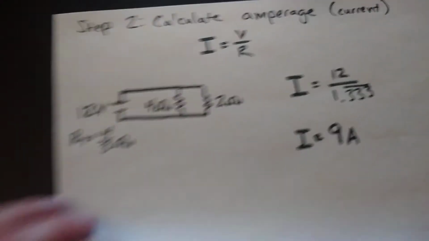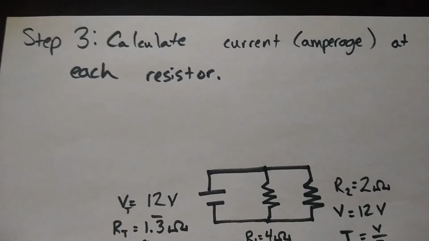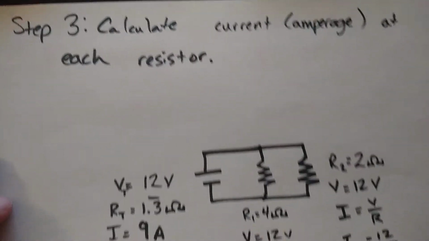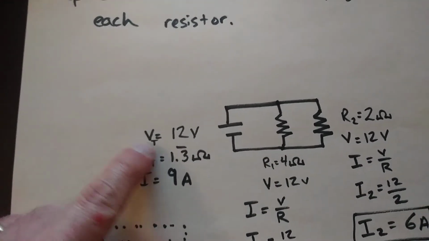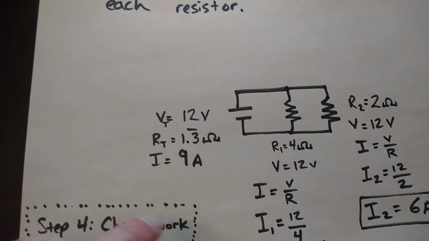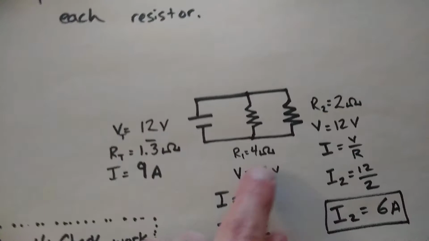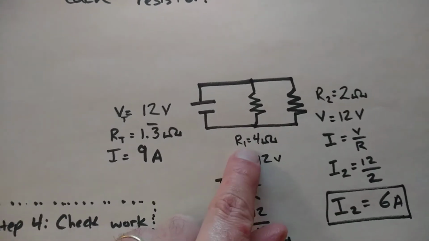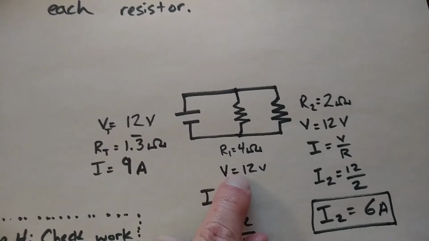Once I know that, I can do the last 2 steps. Step 3, calculate the current, or amperage, at each resistor. So I know for this whole circuit over here, total voltage, 12. Total resistance, 1.3 repeating ohms. Current, 9 amps. So let's talk about this 4 ohm resistor here. Let's call it resistor 1. Okay, the voltage here is the same.